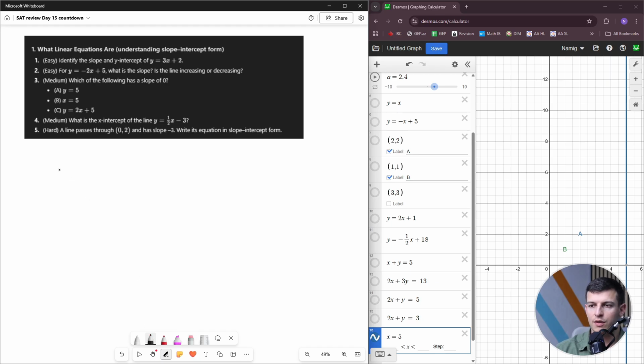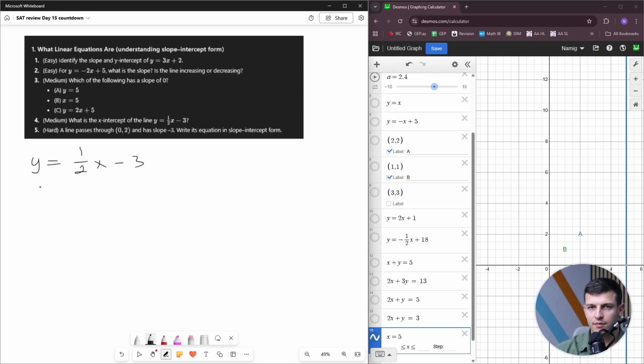Question 4, what is the x-intercept of the line y equal to 1 over 2x minus 3? Now we're getting a bit more interesting question here. I know it's asking for x-intercept, but I just want to go over both because we talked about y-intercept. Y-intercept is where we're cutting the y line.